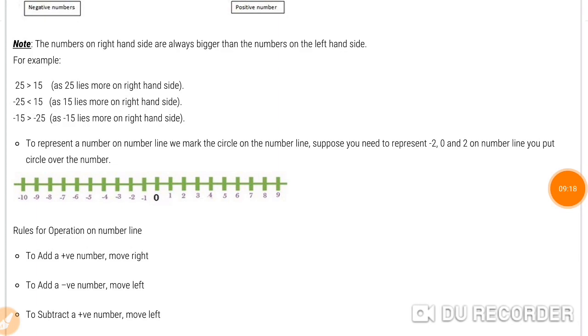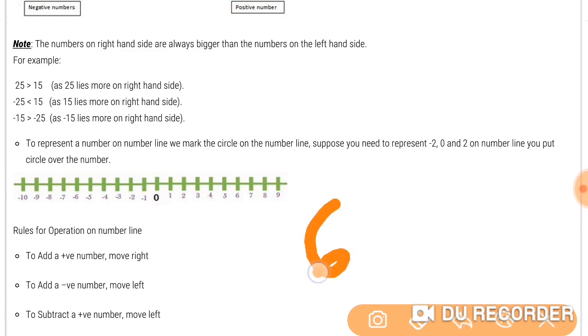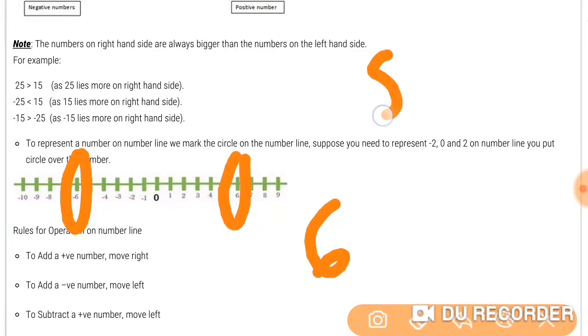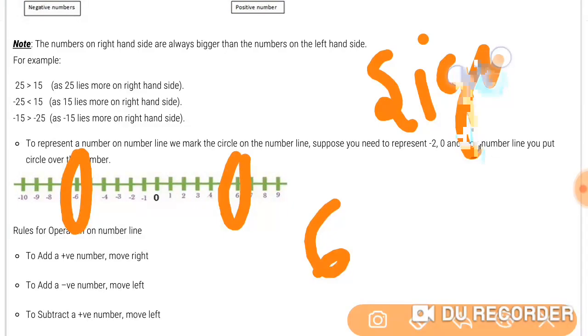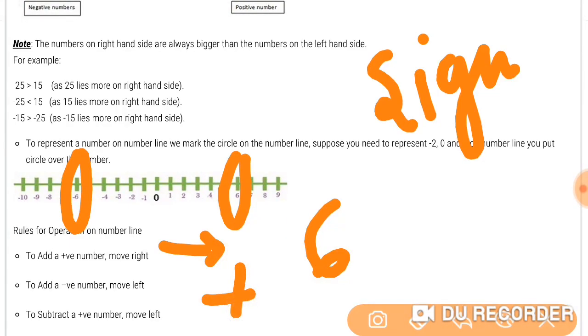Then how do we represent integers on a number line? Let's start. Usually, if we say show the number 6 on the number line, you'll see a 6 here and also a 6 here, but be careful about signs. Why? Because the sign is very important. To the right of 0 all are positive, to the left all are negative.